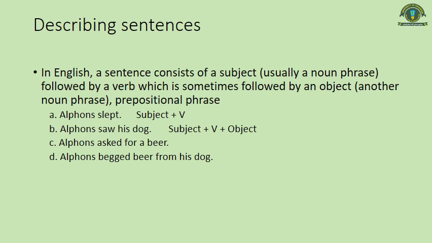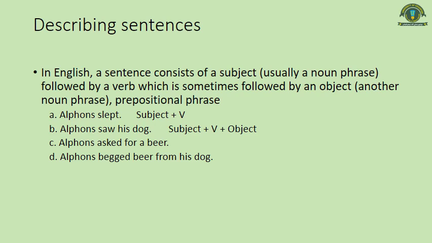So if we apply the phrase structure rules to these sentences, it can be like this. In the next slide we describe the phrase structure rules behind these sentences in detail.